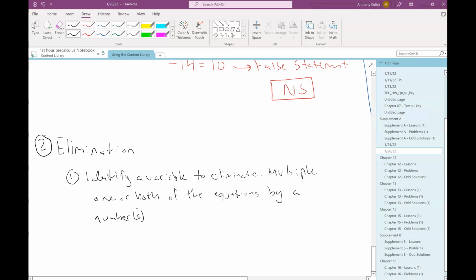Well, you have to use two different numbers if you're multiplying both equations, so that the coefficients of one of the variables are opposite.